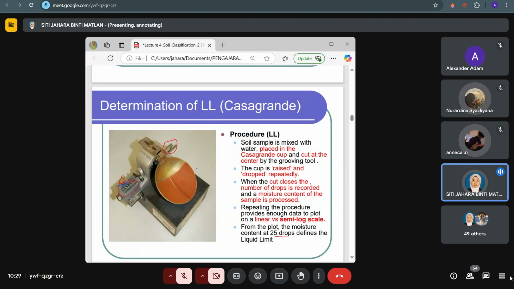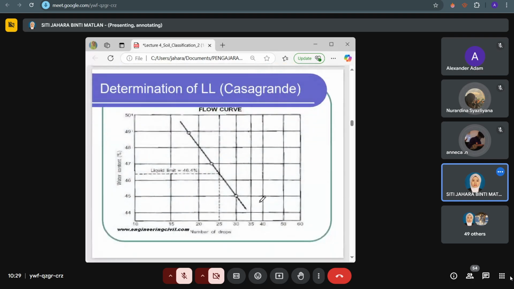So this method helps assess how the soil behaves under varying moisture conditions, especially important for clay soil, which is considered as fine grain soil. So this is the plot that we can obtain based on the data that we gather from the lab test.